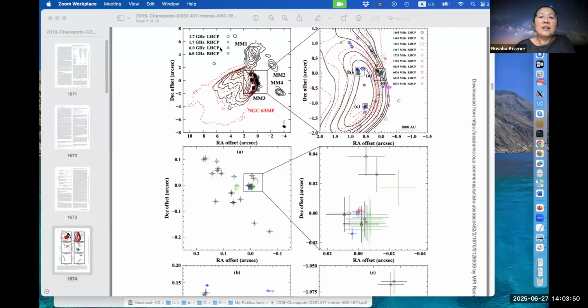I'll follow up on that, because it's actually the same source that I worked on with Jim Caswell. Maybe I can share how the maser looks.